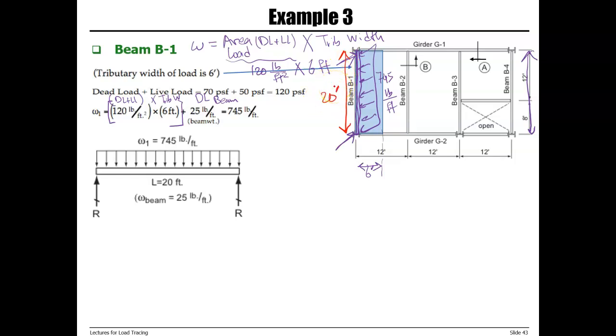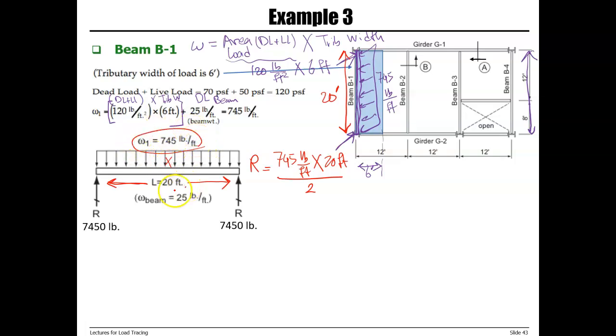So we have 20 feet here. It's a simply supported beam, symmetric, so the reactions are equal to 745 pound per foot times length, which is 20 feet, divided by 2. Again, load times length divided by 2.